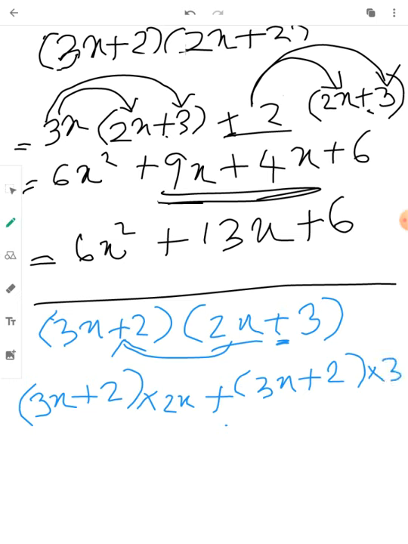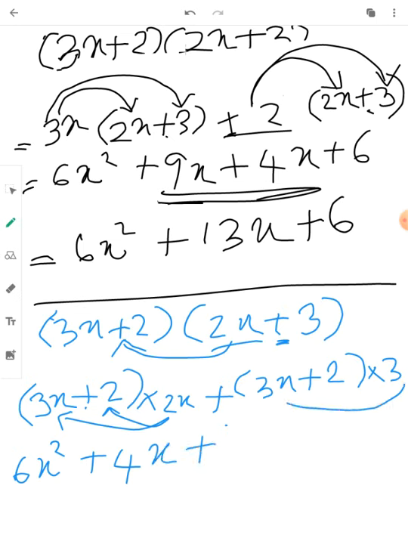So 2x times 3x is equal to 6x squared, plus 2x times 2 is equal to 4x, plus 3x times 3 is equal to 9x, plus 3 times 2 is equal to 6.